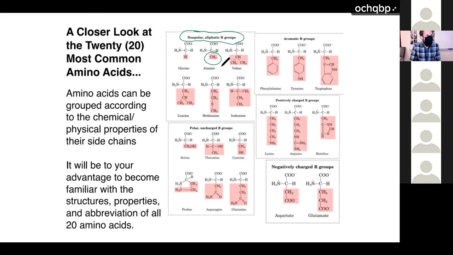Why? Because while the rest of the amino acid is the same, the side groups are different, and all of these side groups are composed, in this case, of carbon and hydrogen atoms. They're all nonpolar. They're all hydrophobic. But there are other amino acids that have different physical properties, as a consequence of their structures, and are going to behave differently, especially when we start assembling all of these amino acids into larger proteins.